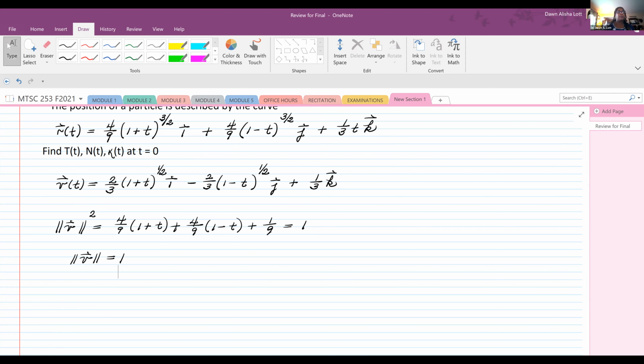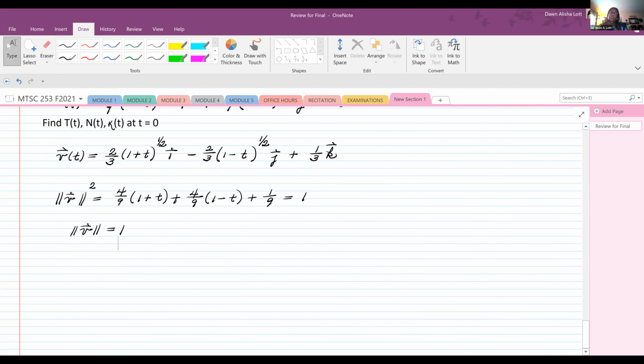Okay, so good. Now what do you find next? Don't you have to put everything over it? That's T, so you have to find T. So how do you find T? The definition is the vector V over the length of V. So what do you find out about T?